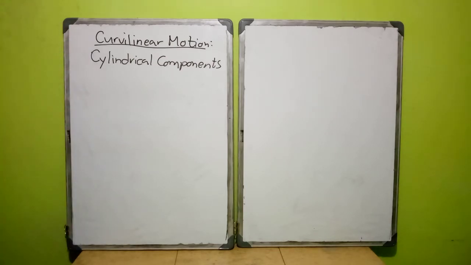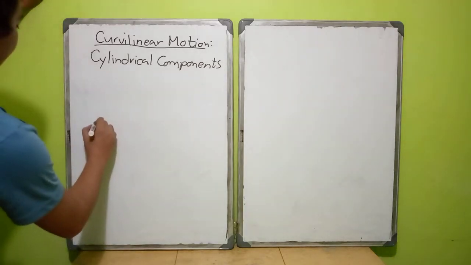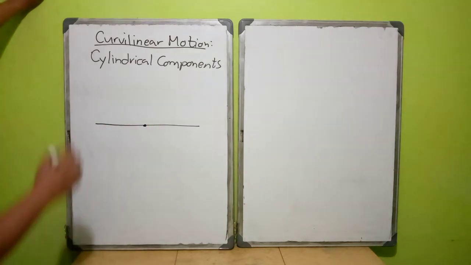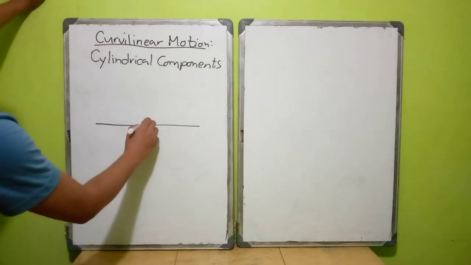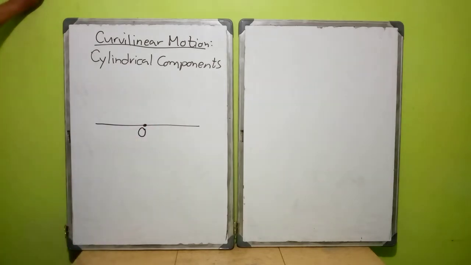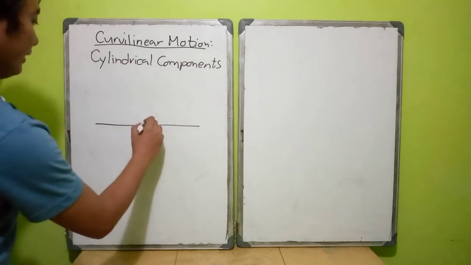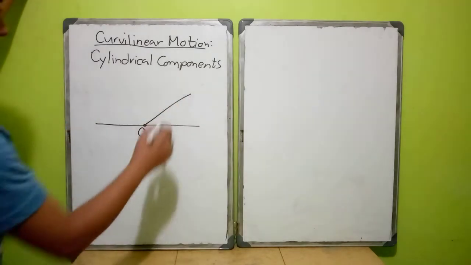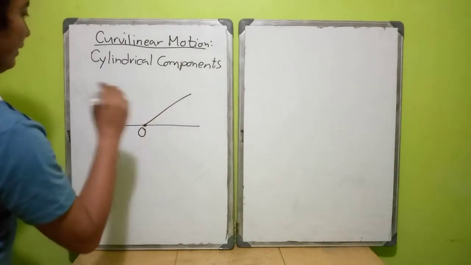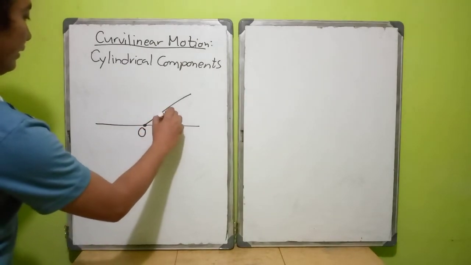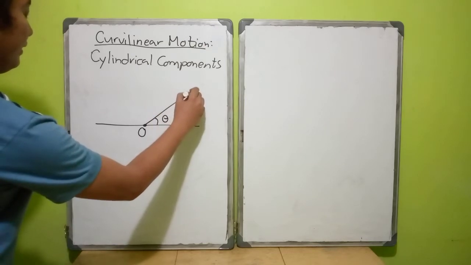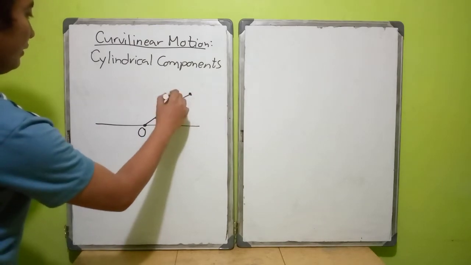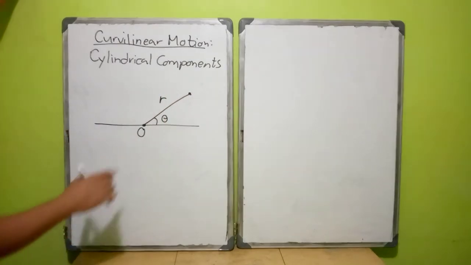To begin with, let us consider this figure. I will draw a horizontal line, and let us say at the middle of this horizontal line we have a point O. Then we have a line.